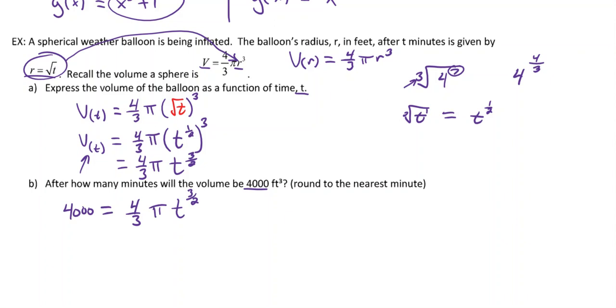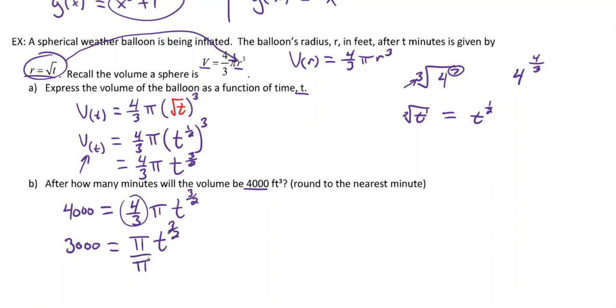And now we just have a little bit of algebra to do. If I go 4,000 times 3 divided by 4, just getting rid of that first part, we end up getting 3,000 is equal to pi times t to the power of 3 over 2.